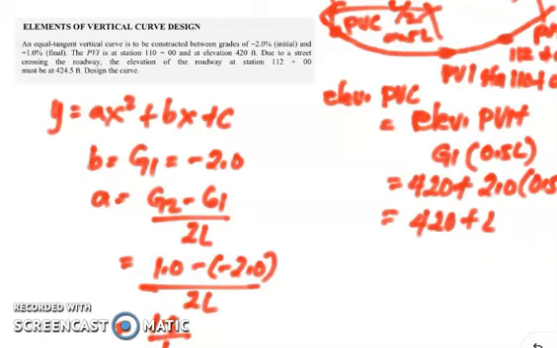So our x, the distance of this point from PVC, is 0.5 of L from PVC towards PVI, plus the distance from PVI towards this point, which is 2 stations, because this is station 110 and this one is station 112. So our x is equivalent to 0.5 L plus 2.